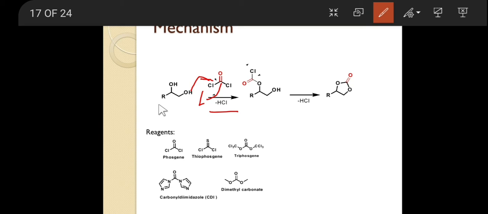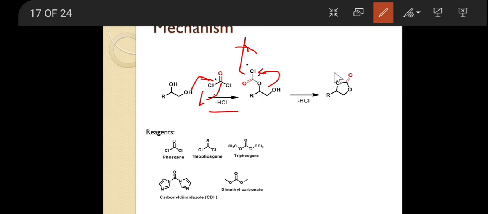Friends, once this OH attacks the carbonyl and Cl leaves, this intermediate is formed, and immediately the second OH group will attack the carbonyl and another Cl will leave. So this is how we get the carbonate protection.